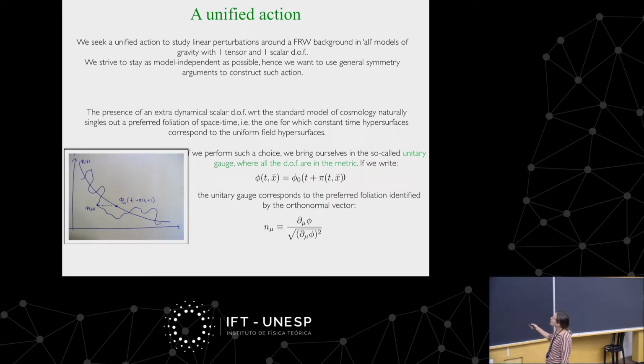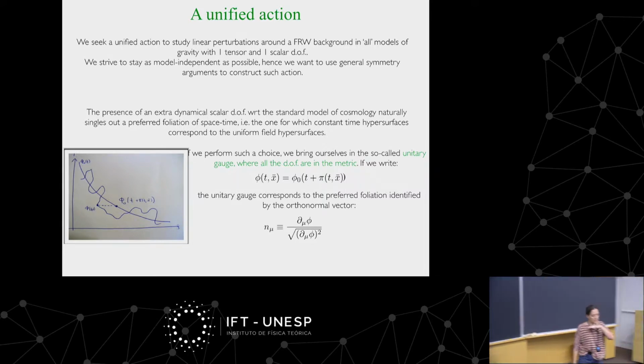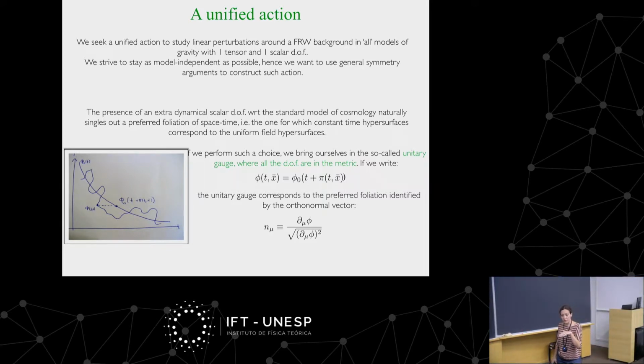And the way you can do that is because the scalar field sort of singles out a preferred foliation of spacetime. So you can separate your spacetime into a set of hypersurfaces of constant time that you make coincide with hypersurfaces of uniform scalar field.